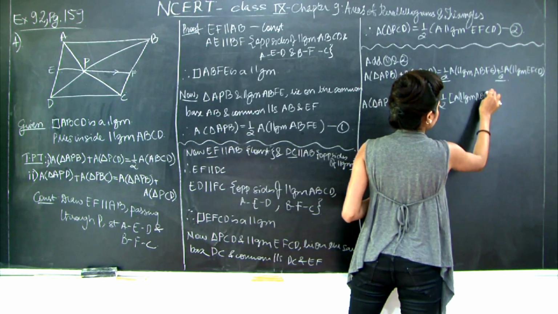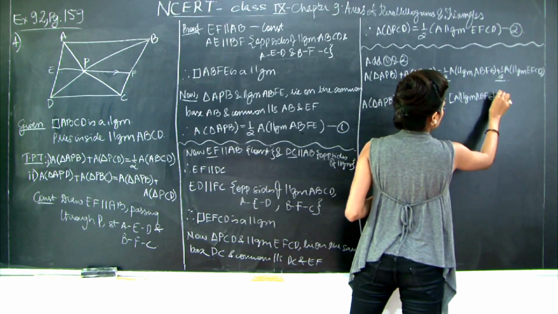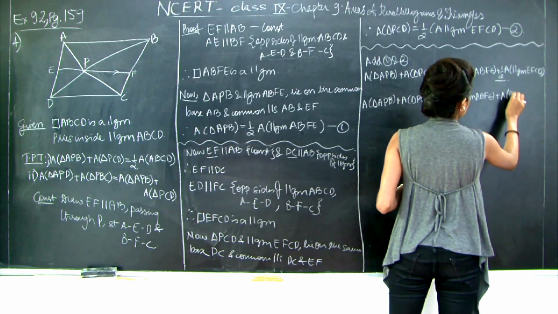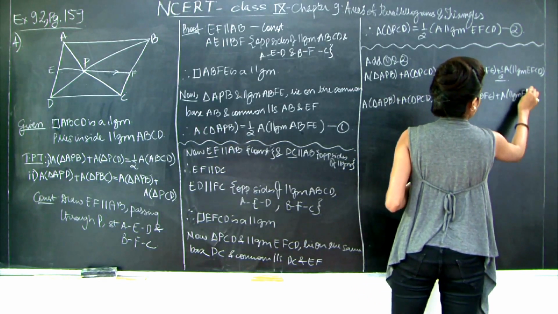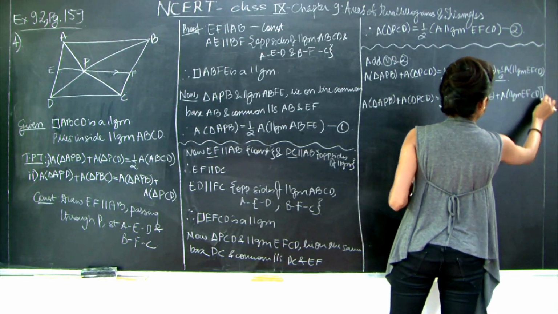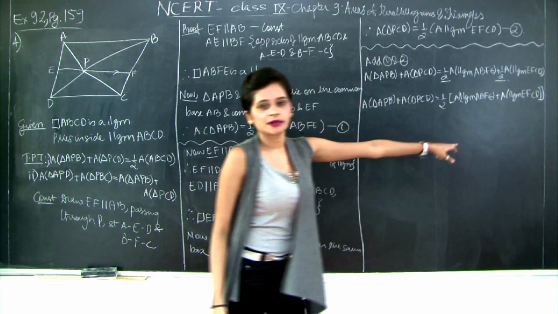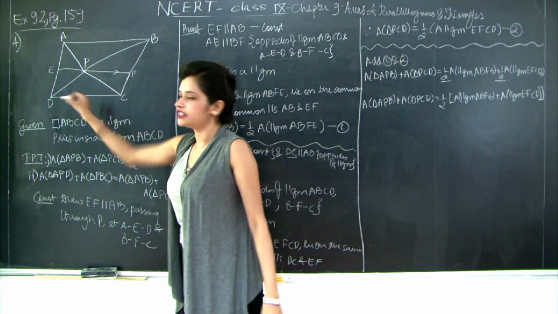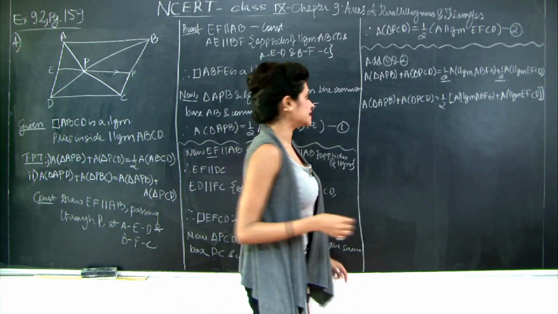ABFE plus area of parallelogram EFCD. But when you add ABFE and EFCD, see ABFE and EFCD, you get your parallelogram ABCD.